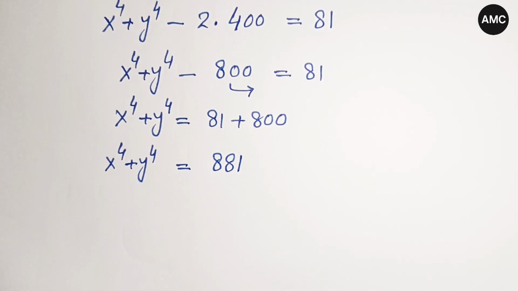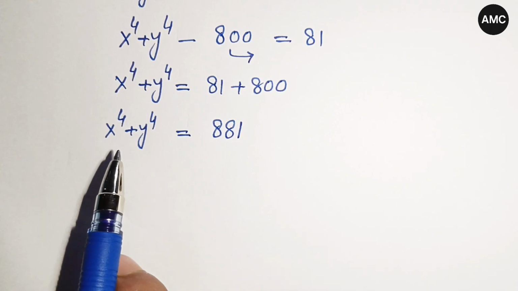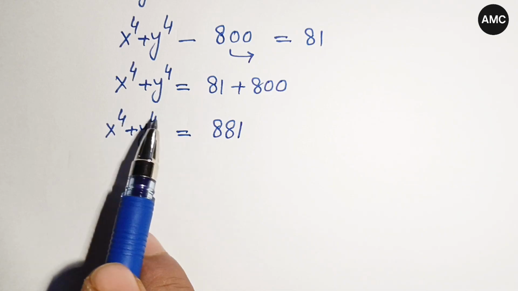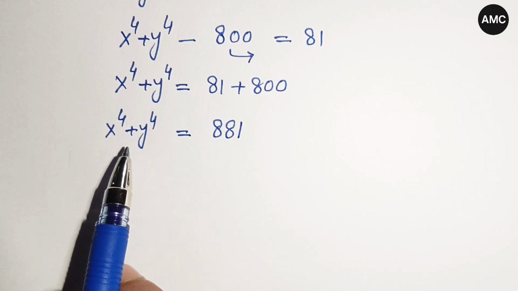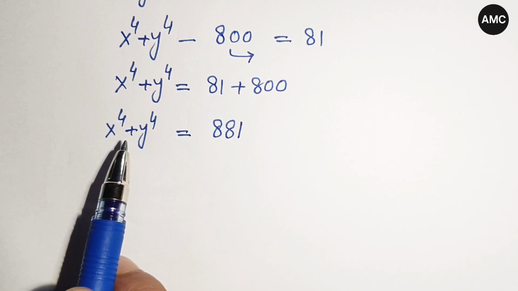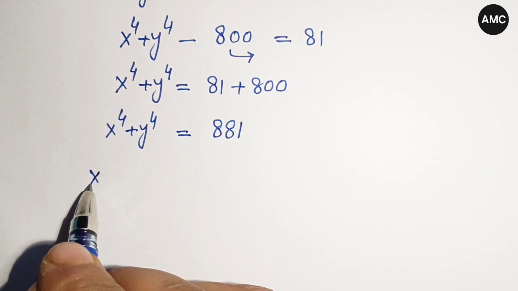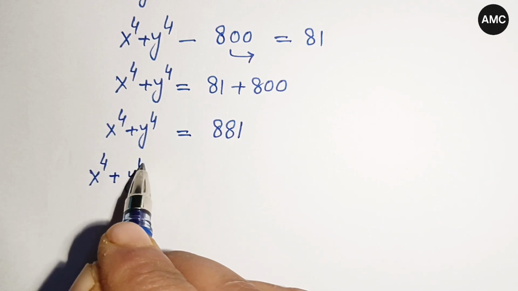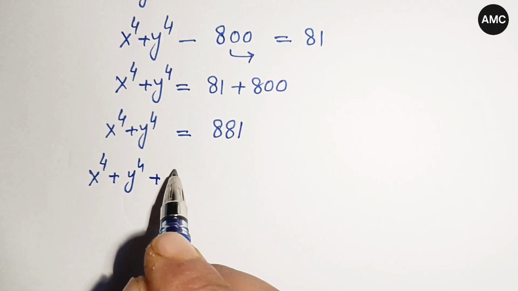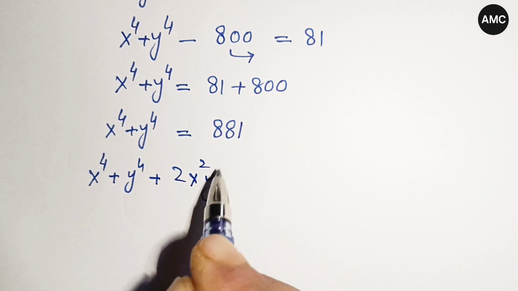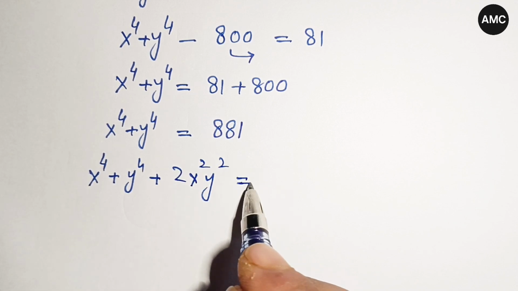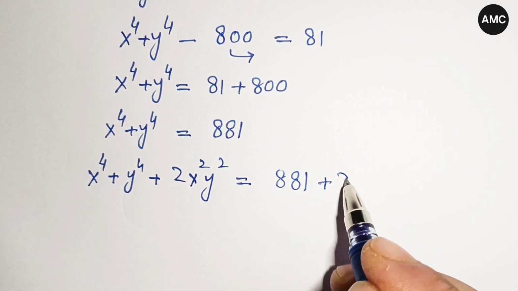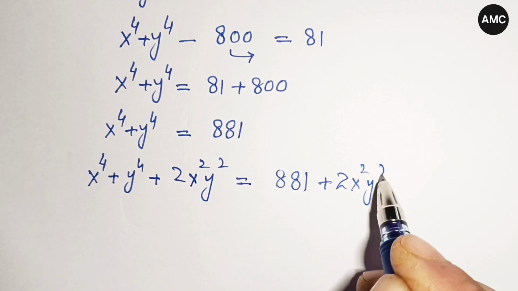Now we are going to make the left hand side of our equation a perfect square. We have x to the power 4 plus y to the power 4, and we add 2x squared y squared on the left hand side, and similarly add the same term, 2x squared y squared, to the right hand side.